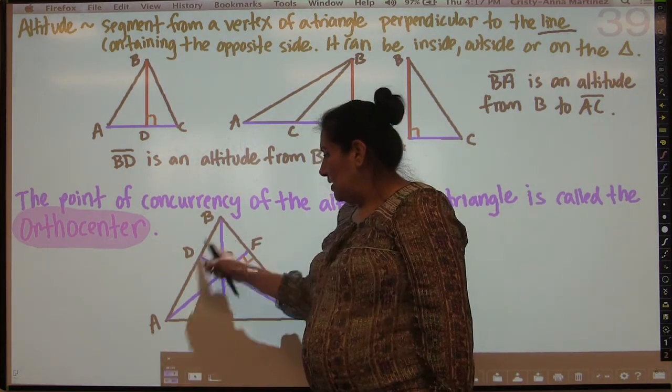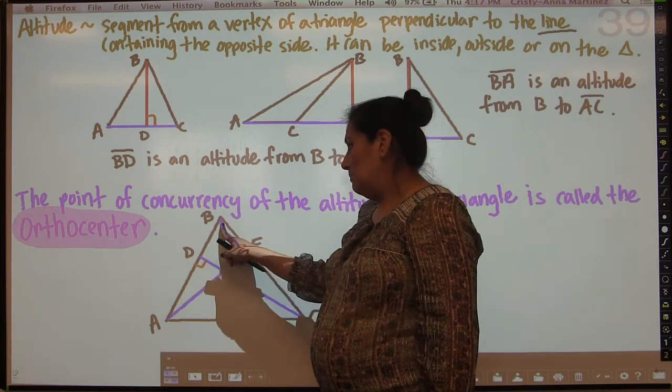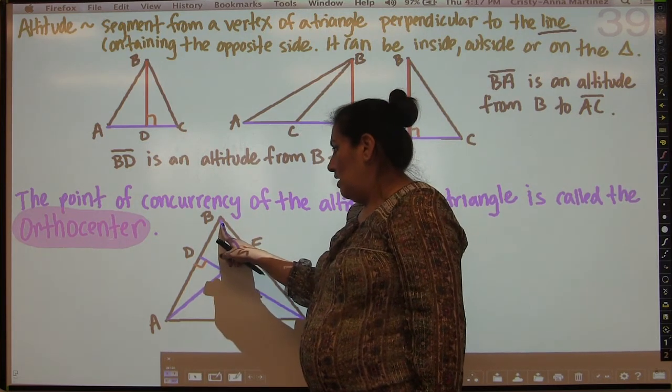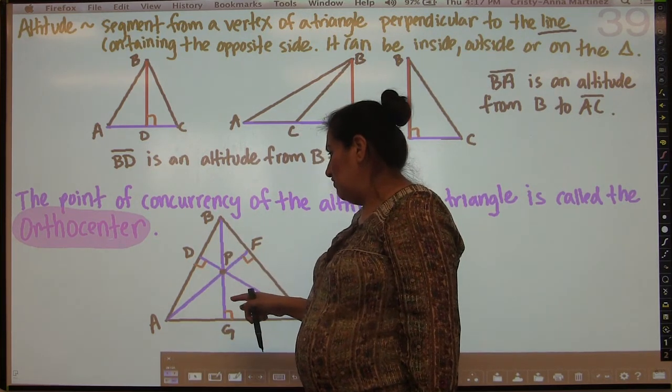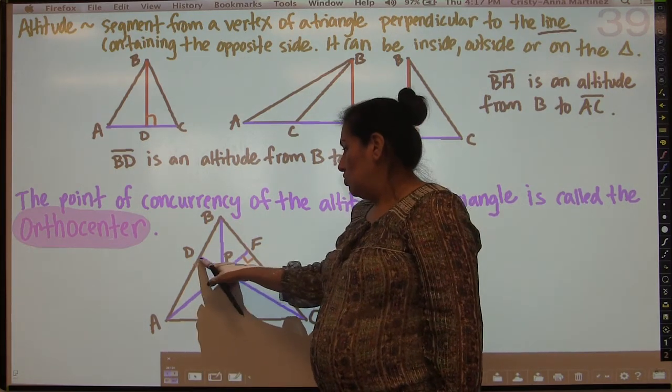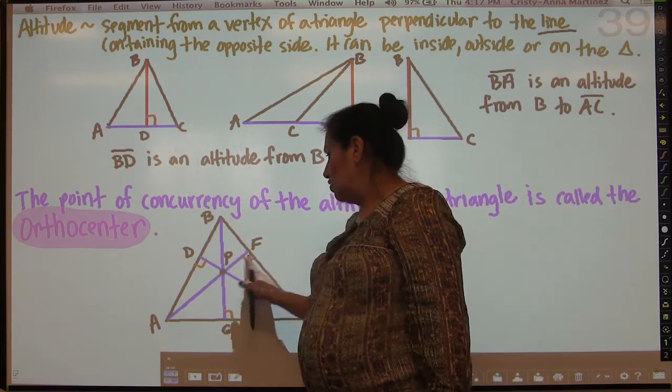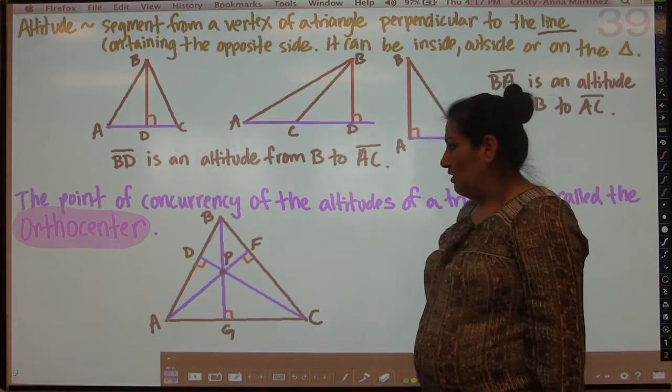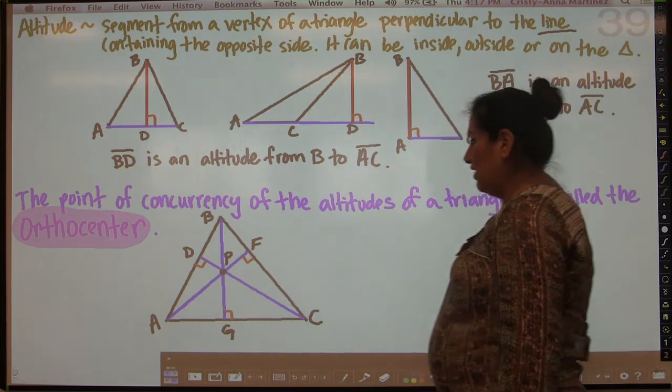And if I make AB the base of the triangle, then the height or altitude of the triangle would be from vertex C to the opposite perpendicular, which would be here. So when those altitudes all get drawn in, then you end up with your orthocenter.